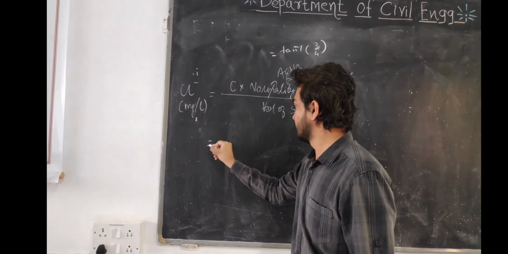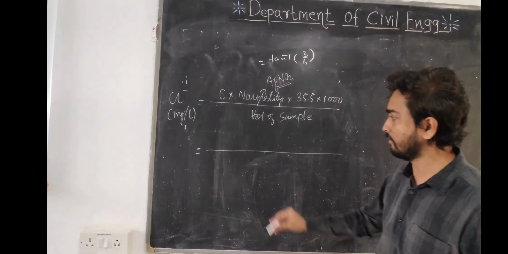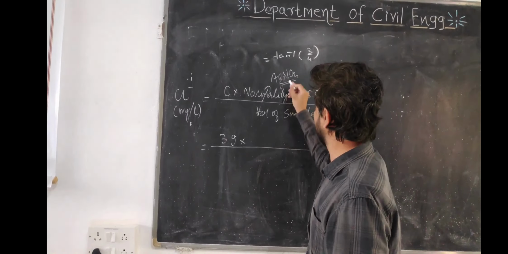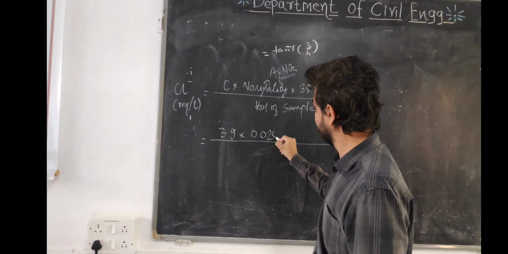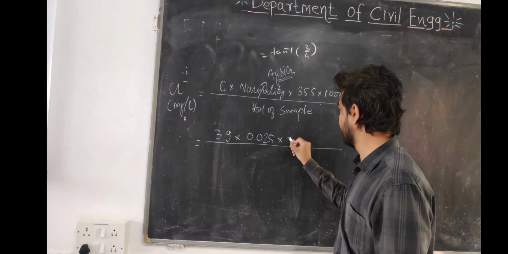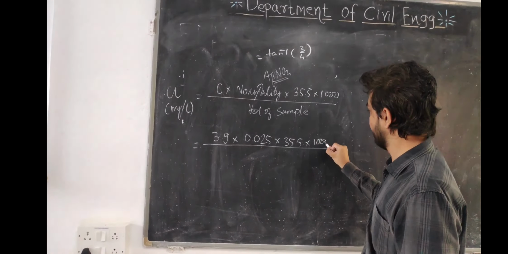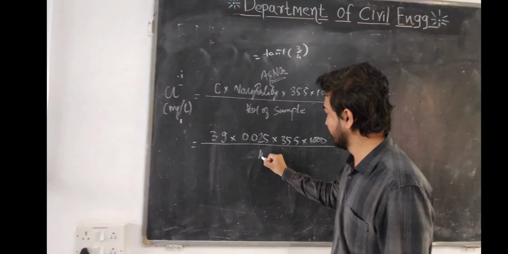So what answer do we get? How much AgNO3 was required? It is 8.9 ml, multiplied by the normality of AgNO3, which is 0.025, multiplied by 35.5 into 1000, divided by the volume of sample. How much sample did we take? We took 10 ml.